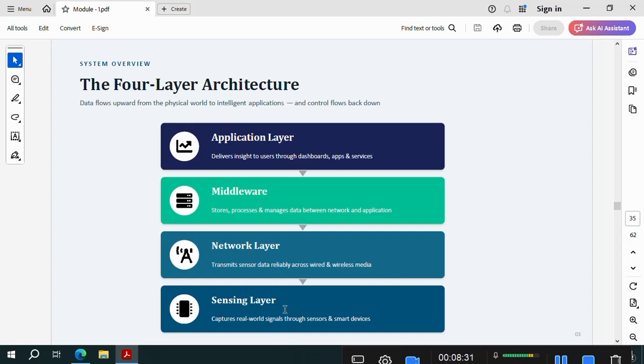The network layer does all these things. The middleware layer is the one which stores, processes and manages data between network and application, which means it acts like a buffer, or even buffer doesn't matter. It is an even more sophisticated form of data storage protocol. Actually, we should not say it is a data storage space, it is a protocol.